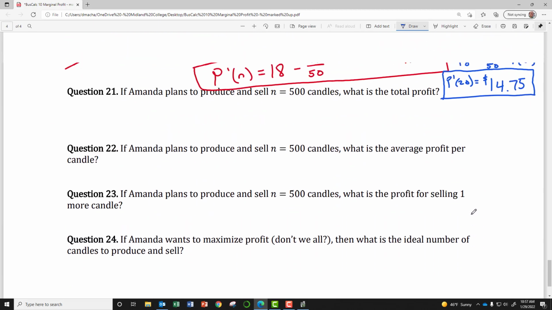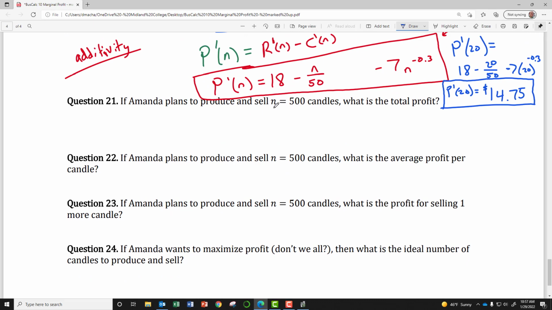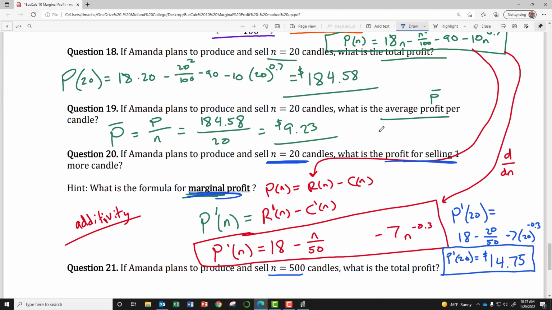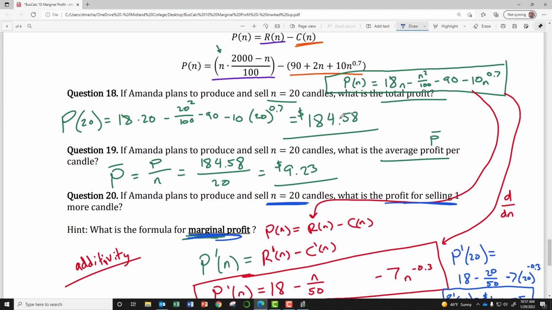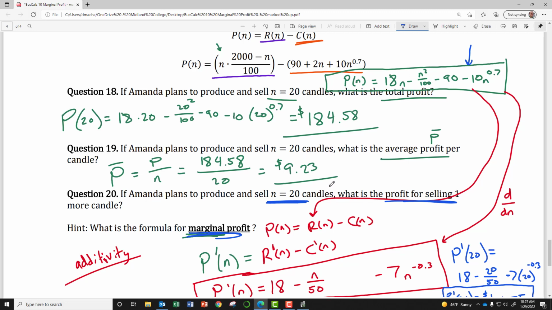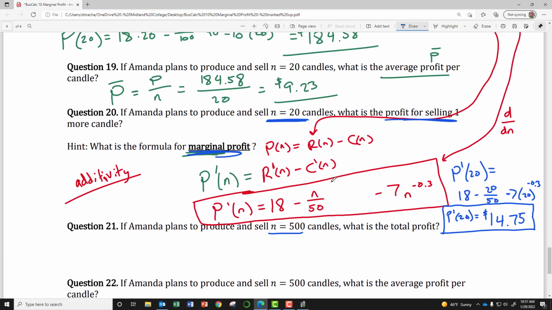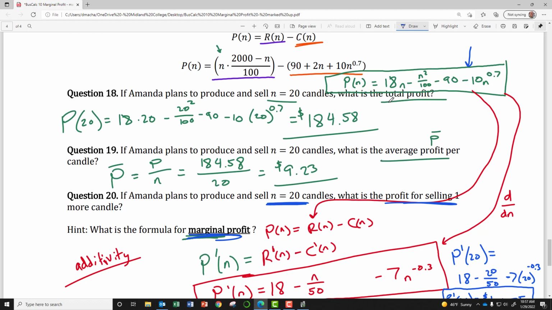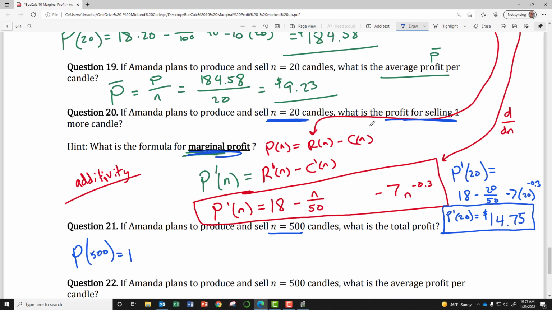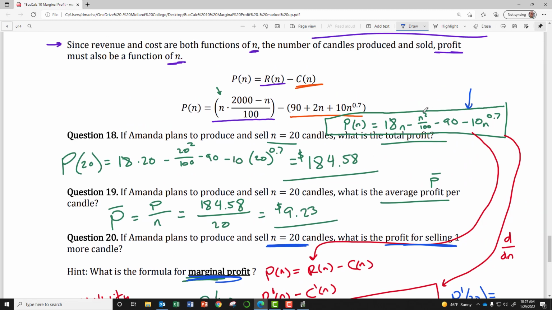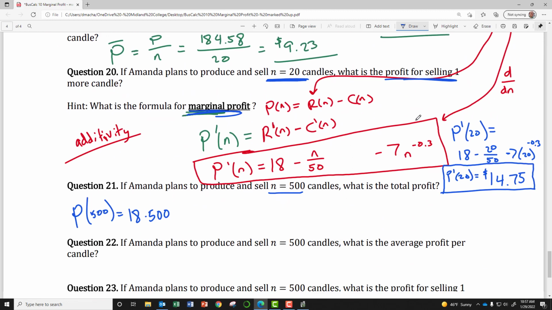And man, we're getting so close. I just want to run the last scenario, which is what if we sell 500 candles? What is the total profit? So again, we just use our profit function, which is up here in green, for whenever n is equal to 500 instead. So the profit when n is 500 will be 18 times 500 minus n squared over 100.